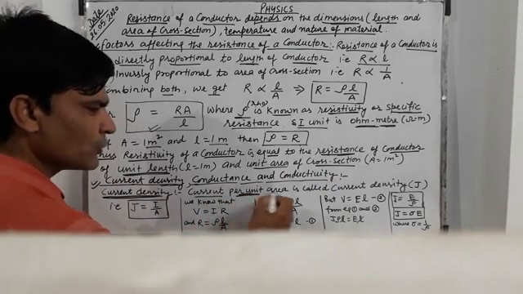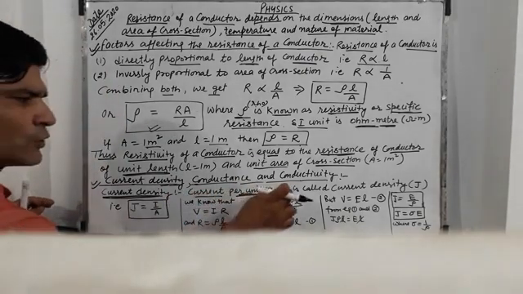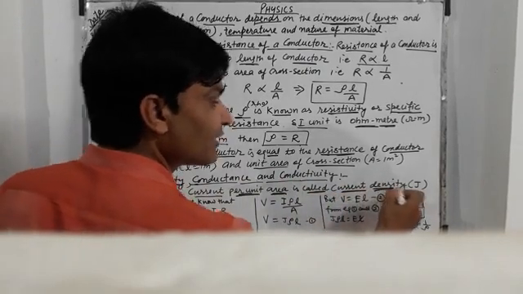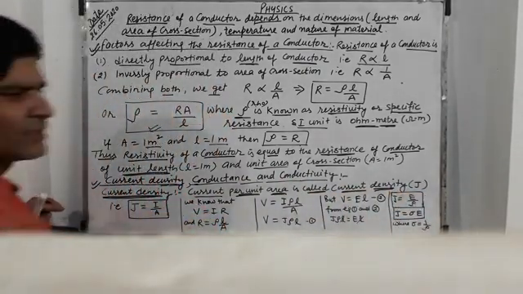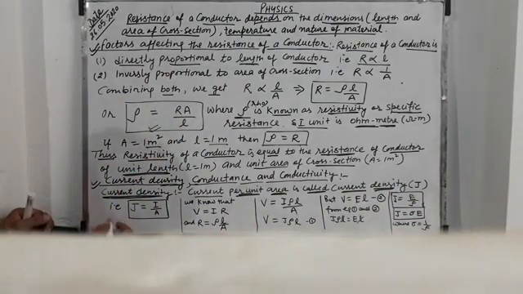Current per unit area is called current density. This is denoted by capital J, that is J is equal to I upon A. Okay, current per unit area.